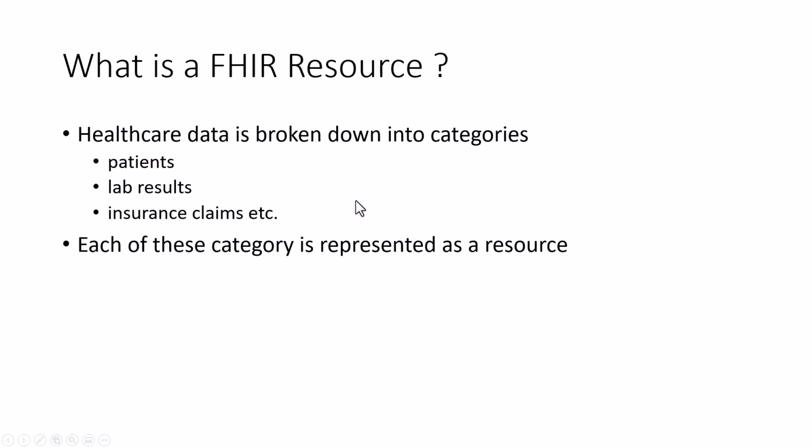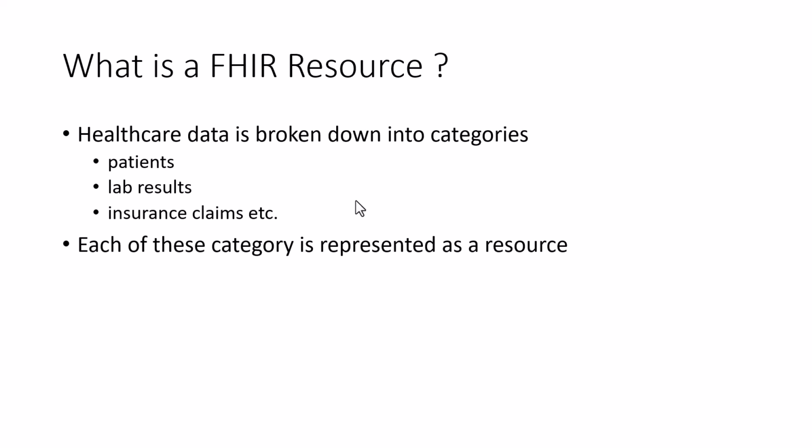Another term that we need to be aware of is a FHIR resource. So what is a FHIR resource? When it comes to healthcare data, the data is broken down into a variety of categories: patients, lab results, insurance claims, observations, and so on. Each of these categories is represented as a resource in HL7 FHIR.